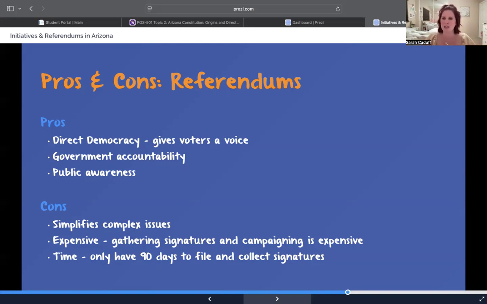To gather those signatures much faster than you have to with initiatives is going to be costly. And lastly, a con is the time. We talked about how with referendums, you only have 90 days to file and collect those signatures before you can get everything turned in. So you have 90 days from start to finish.